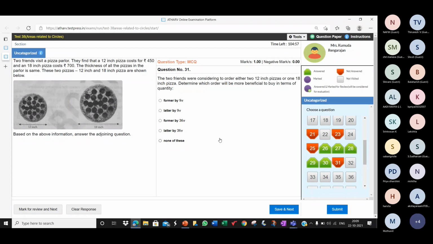Area of one 18-inch pizza, pi r square, pi into 9 square, 81 pi. So there it is 72 pi, here it's 81 pi. So you're still benefited with the second one. If you want more quantity, go with the second one, because you get more by 9 pi. 81 minus 72, which is 9.